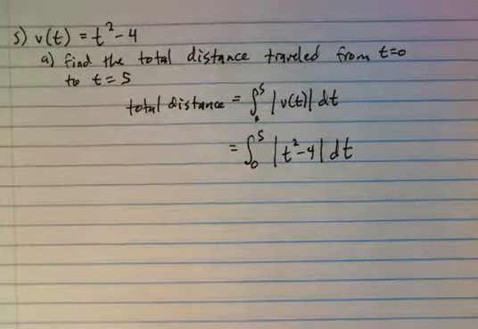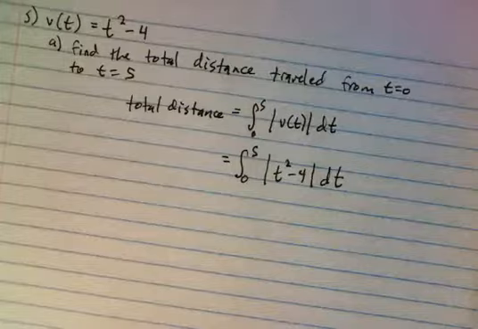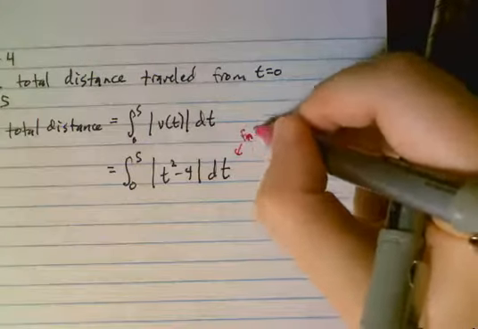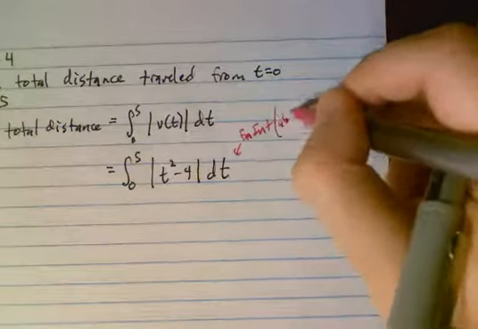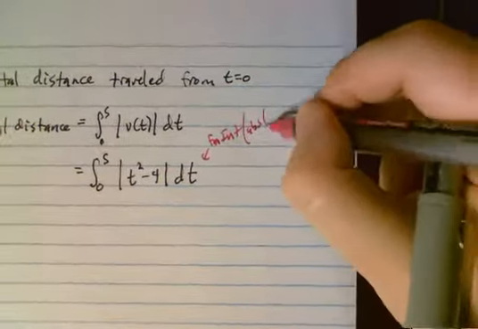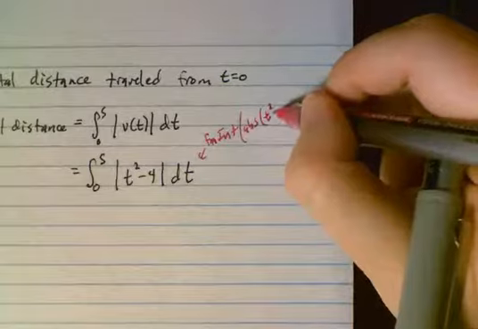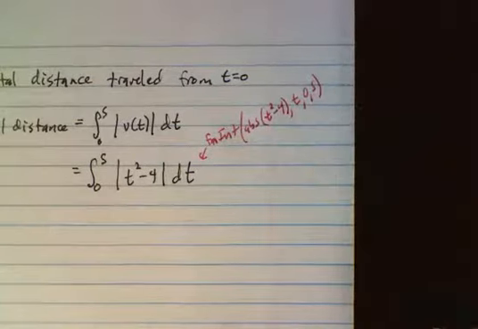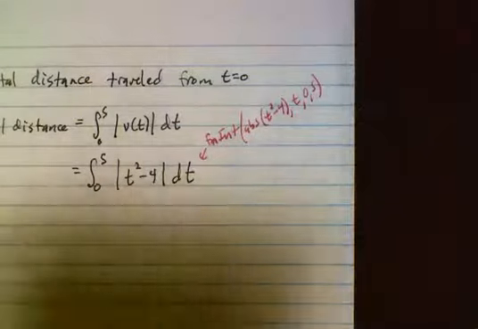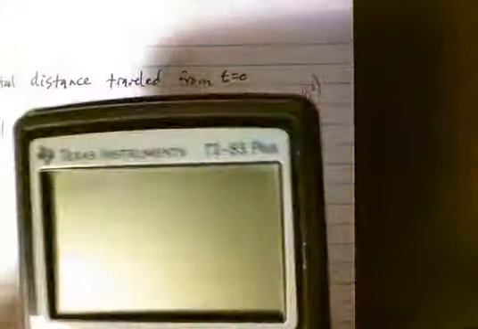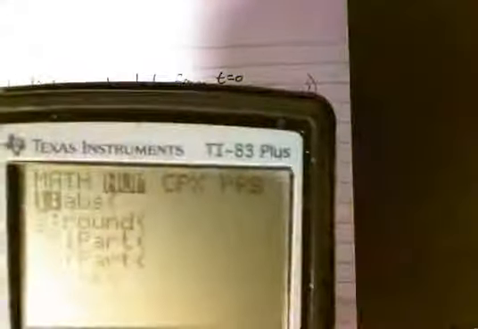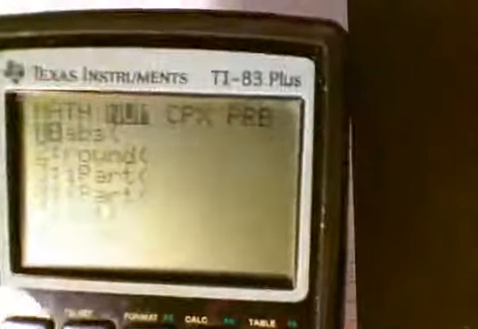What I'm going to use for this is I can just use that definite integral. The command you're going to use is the ABS command. So t squared minus 4, comma t, comma 0, comma 5. And when you put that in, remember, your absolute value on these calculators is going to be right there, math and then number.